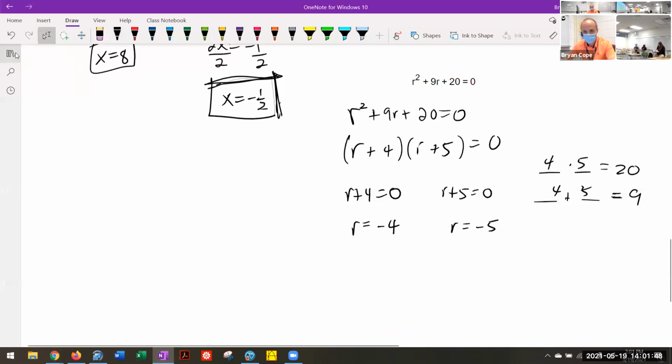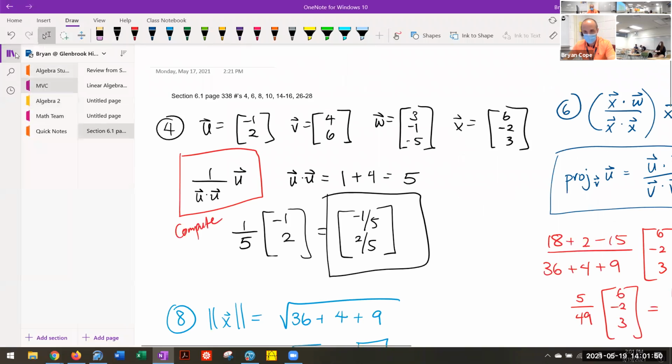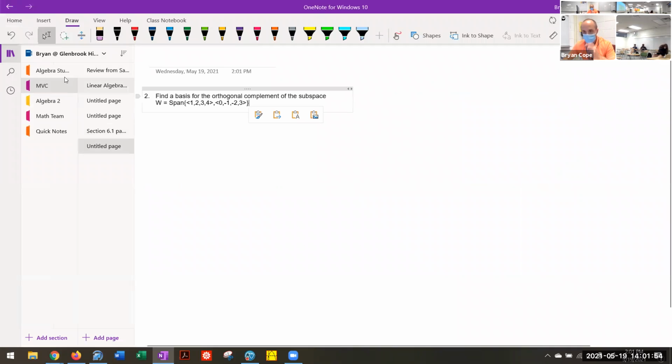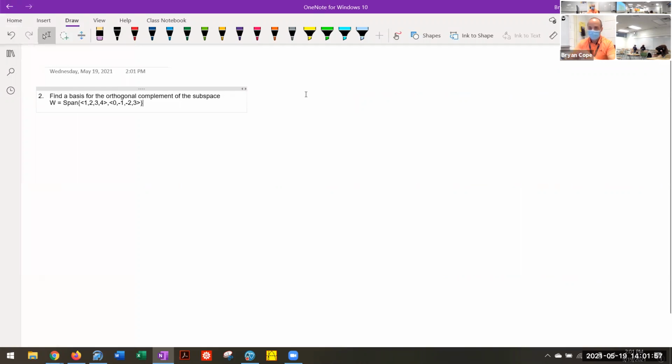So let's go over to a blank page and we'll try it. Okay, so there's the problem. Find a basis for the orthogonal complement. All right, so what is the orthogonal complement?